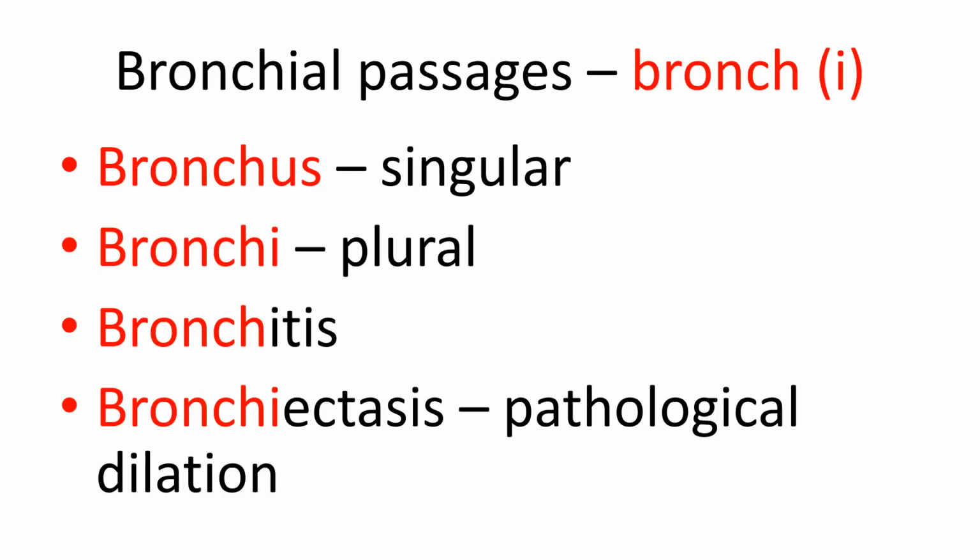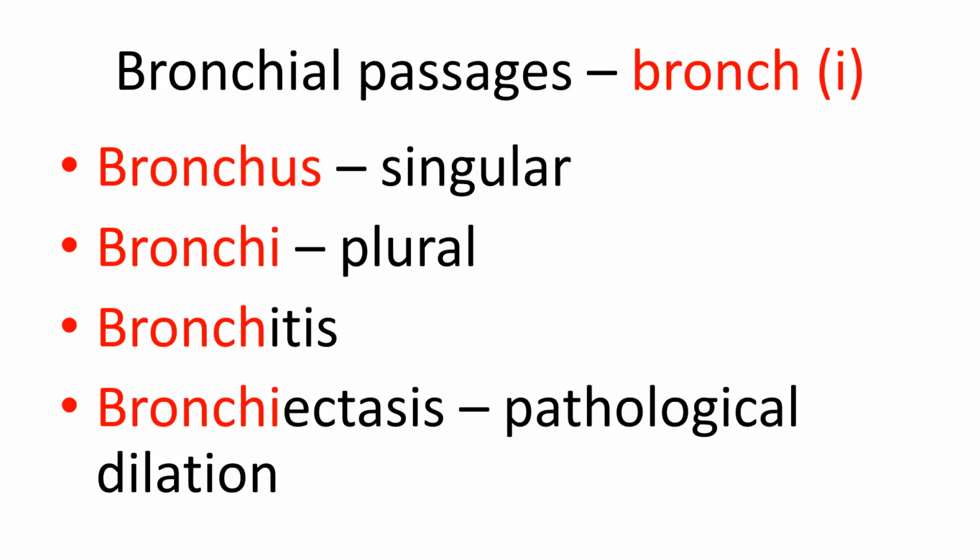Now, as we've noted, the trachea divides into the bronchial passages, first the right and the left main bronchus, then into lobar bronchi and progressively smaller passages of the bronchial tree. Now, bronchus is singular, so there will be one bronchus or two or three or several bronchi.